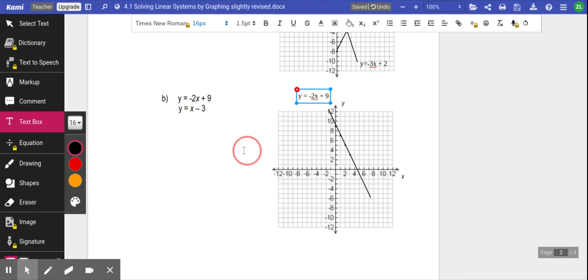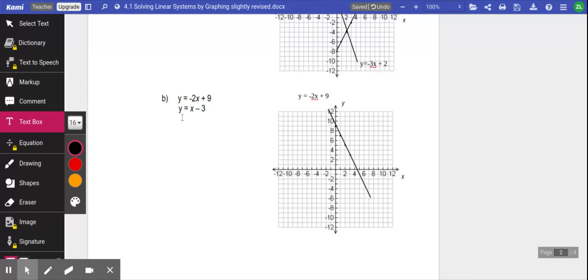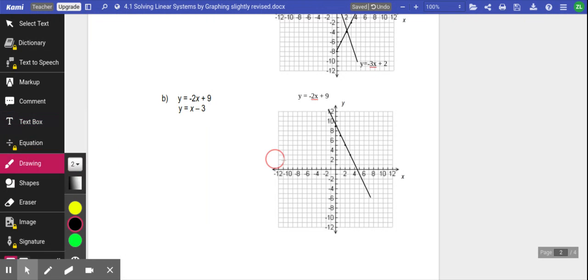Then for the second one here, y equals x minus 3. If it's just x, it has a slope of 1, so a rise of 1 and a run of 1. And negative 3 is our y-intercept.